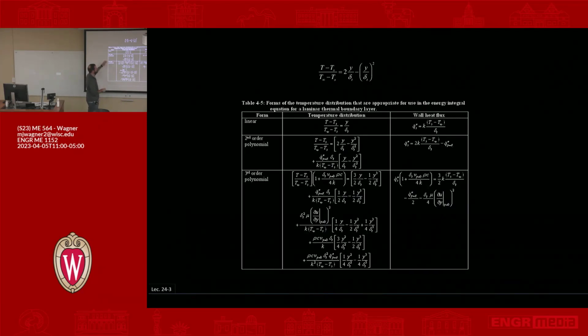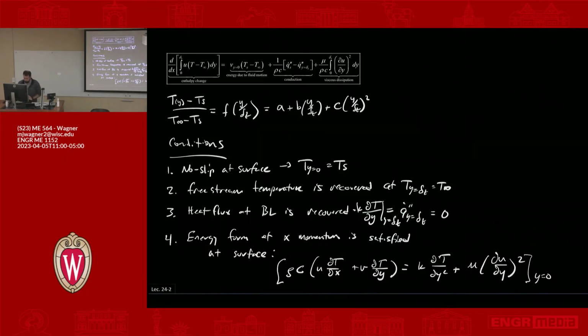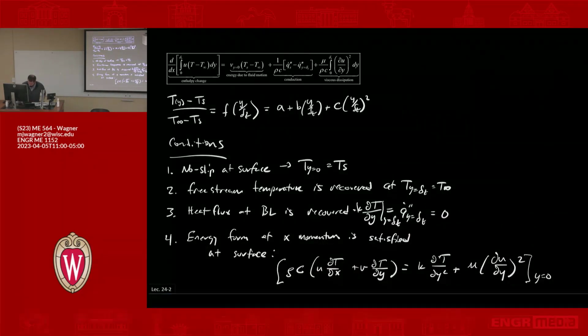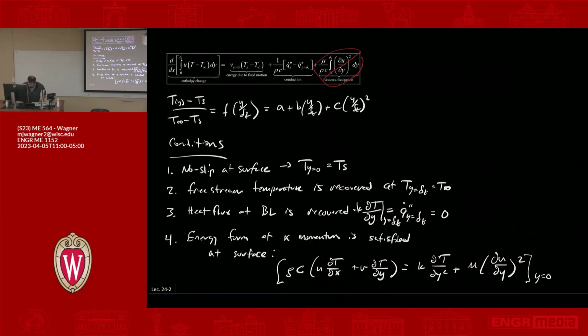If we went through and said some of those terms were not important, let me go back one. Let's be careful here. What are we throwing away? We are throwing away viscous dissipation. We are saying q dot at y equals delta t is 0, so that goes away. We are also in this problem saying there's no velocity at the surface.